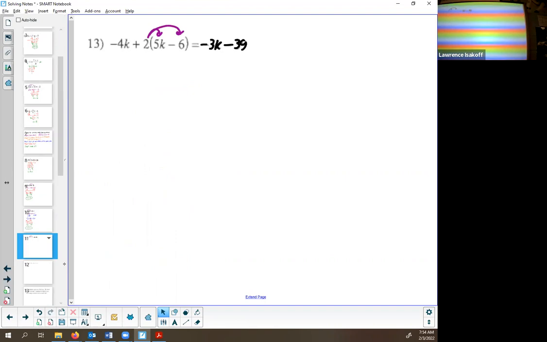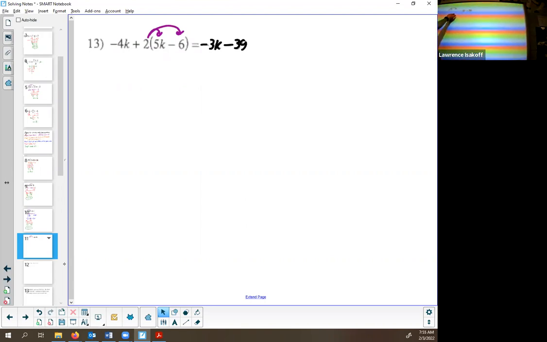Some people are shaking their head no. I know some of us have our confidence in the math like that. But I know a lot of other people will say, there's a lot happening here, right? So that can look intimidating to you, and that's okay. That's why we take it one step at a time.